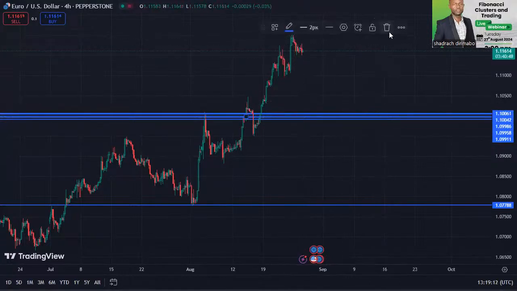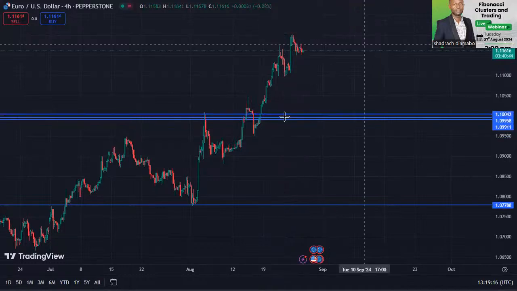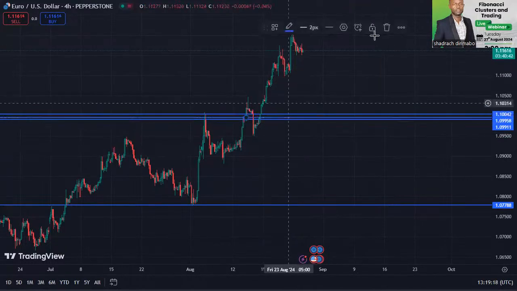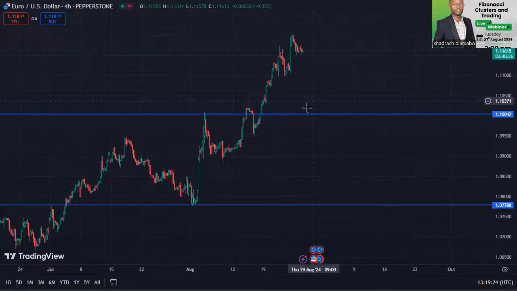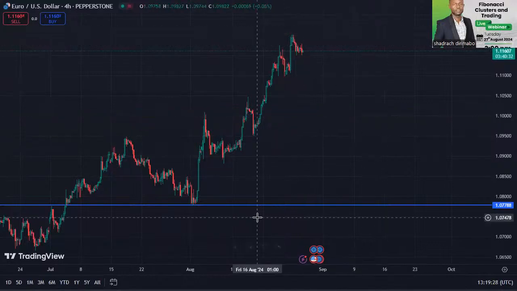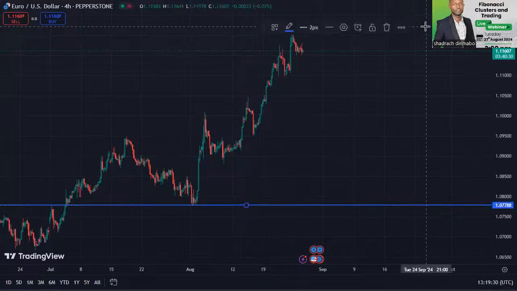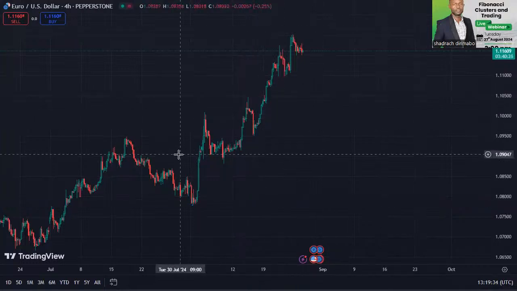Fibonacci clusters is very paramount in your trading because it helps you to identify the area of strong support or resistance level or zone. But how to determine those zones is what we want to look at.